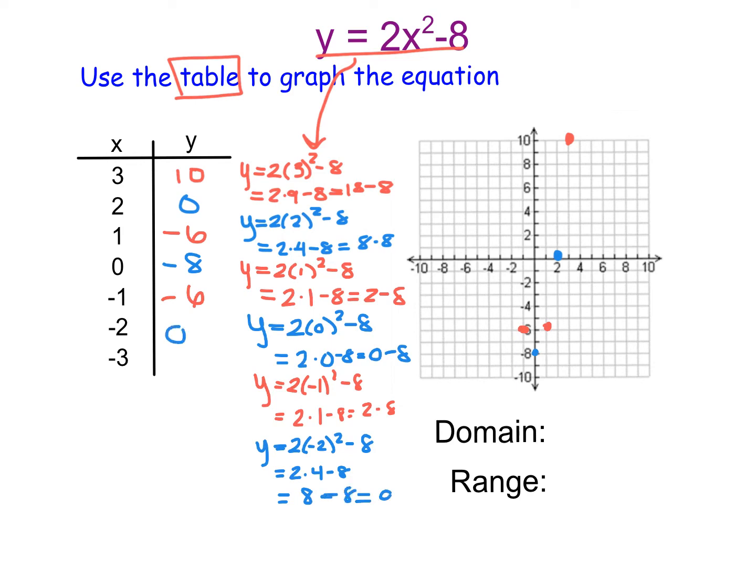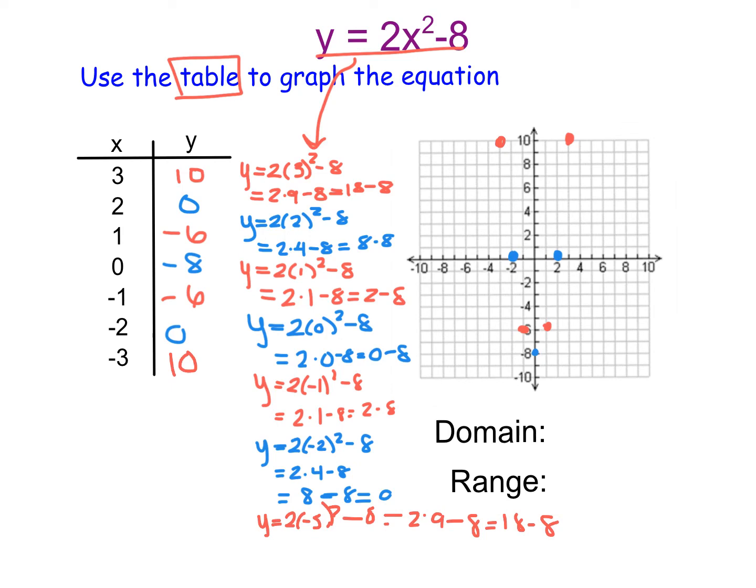So we end up with negative 2, 0 there. And then finally, my last one here, I have y equals 2 times negative 3 squared minus 8, which is 2 times 9 minus 8, which is 18 minus 8, which is simply 10. So we have x is negative 3, y is 10.